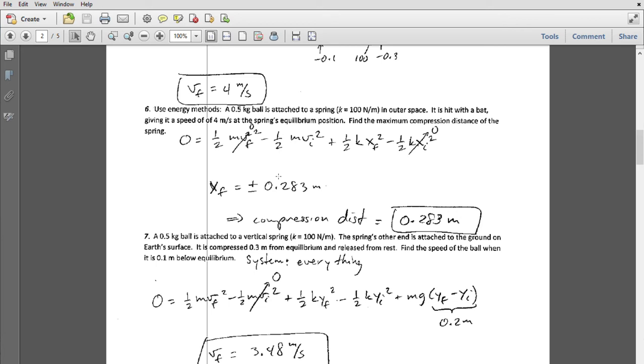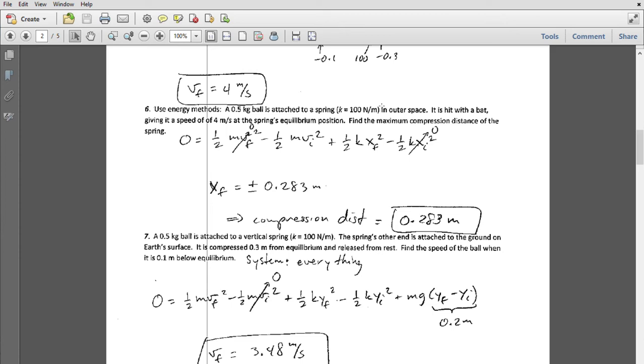It starts in its equilibrium position, but someone gives it a whack with a bat and gives it an initial speed of 4 meters per second in the direction of compressing the spring. So it's essentially instantaneously moving at 4 meters per second while it's in the equilibrium position. That's our initial condition. And the final state we're going to use is when the spring is maximally compressed and the ball comes to rest.